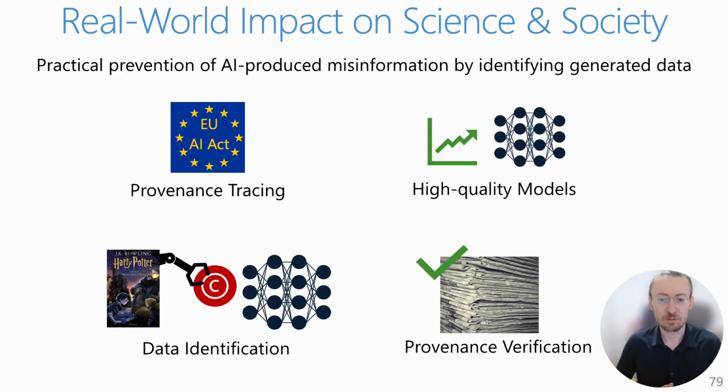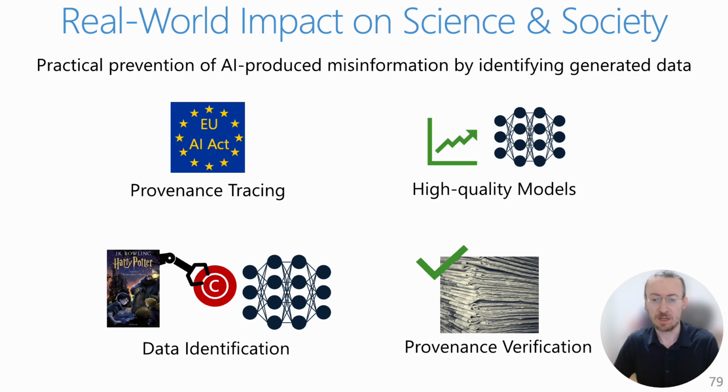And finally, we also want to enable practical prevention of AI-produced misinformation by providing tools to identify data sources, so basically to provide data provenance verification. We would like to know, for a piece of content, whether it comes from sources like the New York Times or some other press, or maybe it was just generated.